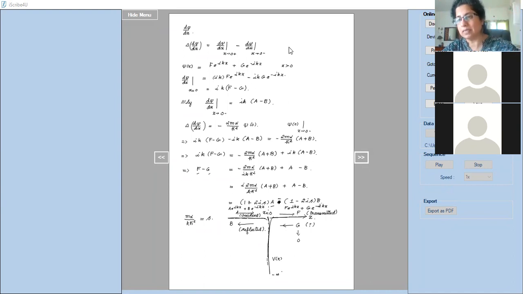So there is no reason that you should have a wave coming in from large x, or x greater than 0, when you have already assumed that the incidence is coming in from the left, that is from x less than 0. So there's no reason for something to be coming in from x greater than 0. Thereby you put your G equal to 0.